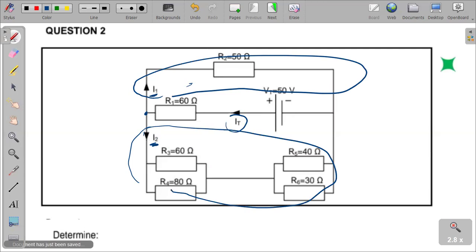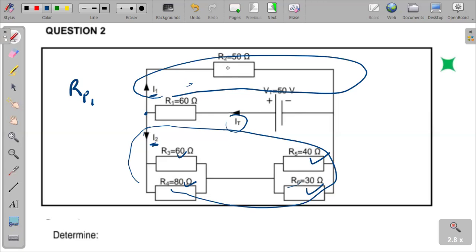So that's the first combination we are seeing. Let's call it RP1. The 50 ohm is in parallel with all these resistors: the 60 ohm, the 80 ohm, the 40 ohm, and the 30 ohm. All these four resistors are in parallel with the 50 ohm.